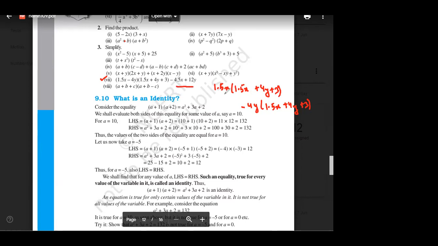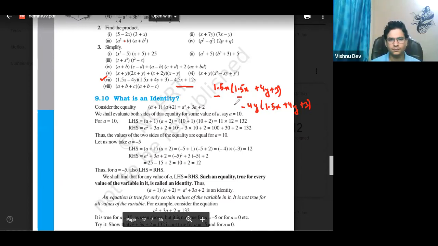Now tell me, what is 1.5 into 1.5? 2.25. Correct. What is x into x? X square. Very good. Then 1.5 into 4 is 6.